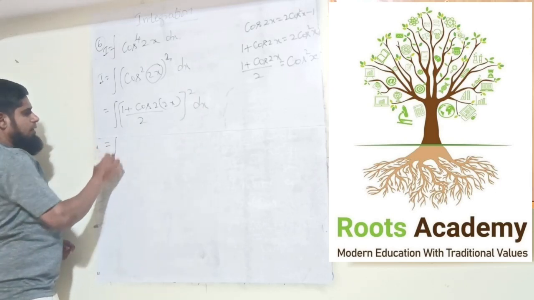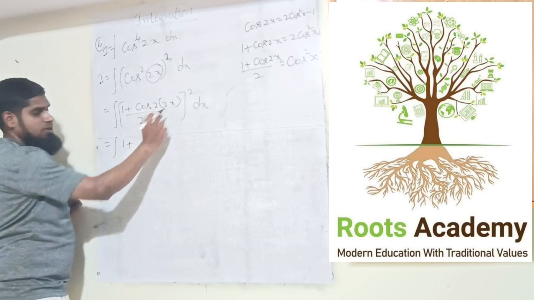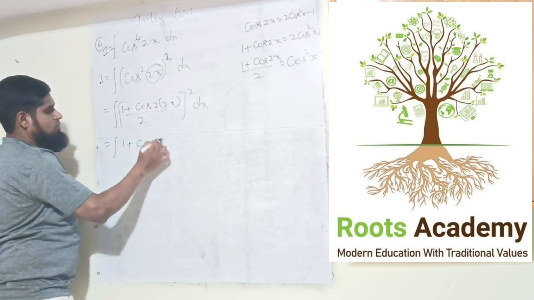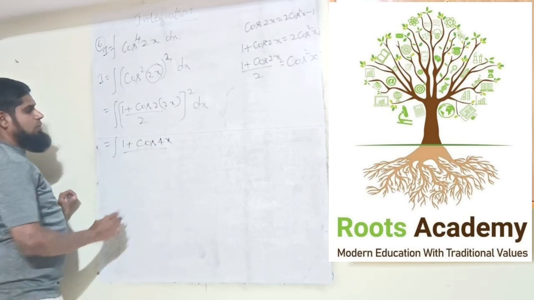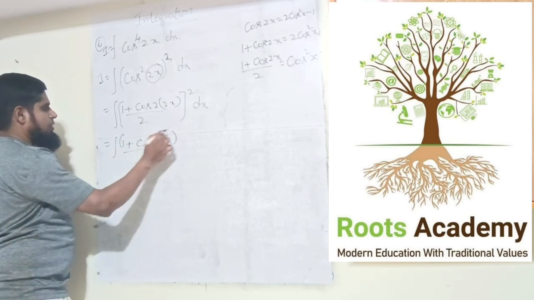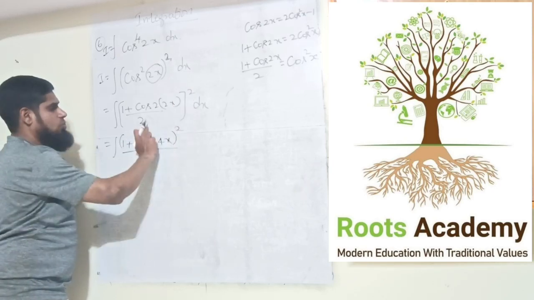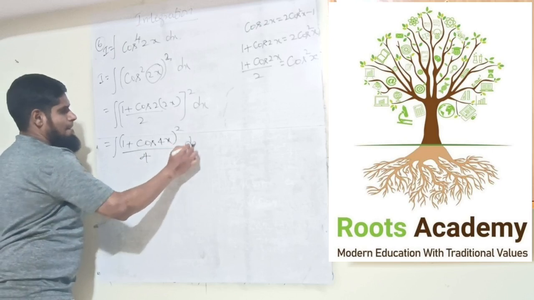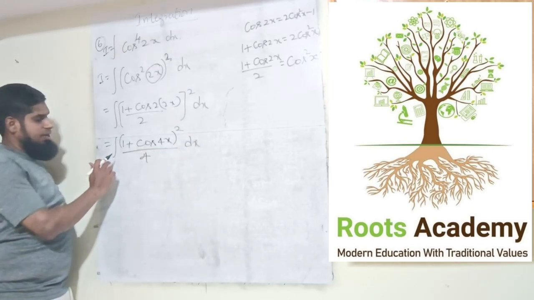So this will become integral of 1 plus cos 4x whole divided by 2, whole square. I will take the square to the numerator as well as to the denominator. 2 square is 4, dx. I will take 1 by 4 outside the integral.